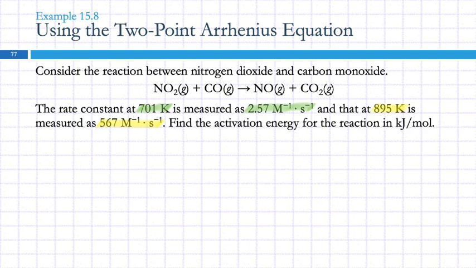So let's write down the equation, natural log of K2 over K1. And again, I do not expect you to be able to pull this equation out of your memory. I think it's a good idea to try to remember it, but then look at the table, because remembering the equation is not the most important thing.